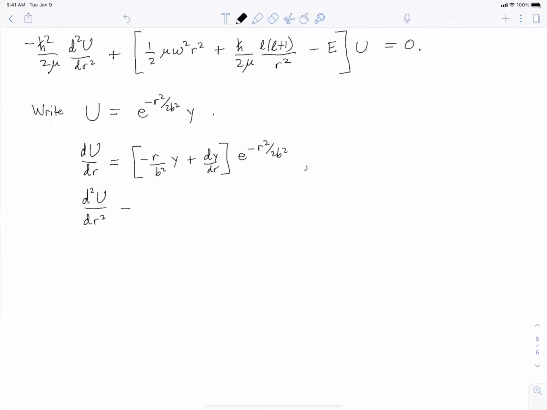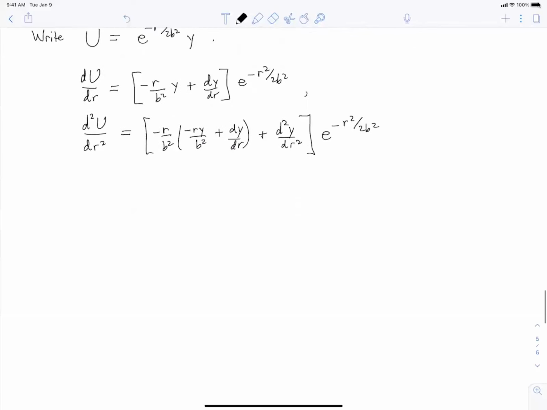So we have to take a derivative of that, which is minus r over b squared times minus ry over b squared plus dy by dr. So I'm applying the product rule here again. All of these are multiplied by the same exponential factor, of course, because when you take a derivative of an exponential, it just pulls down some factors.